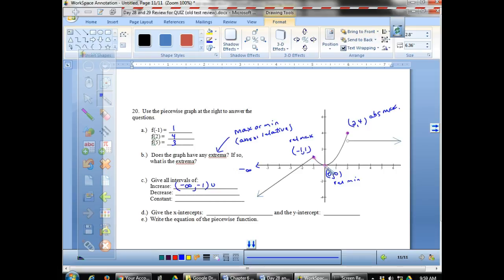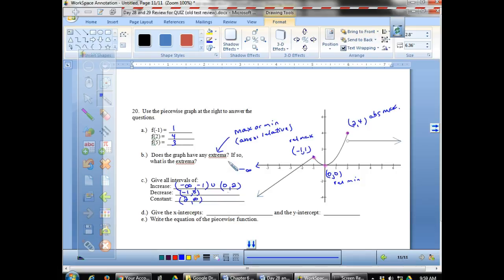This is my decreasing. But then it starts to increase again between 0 and 2. So from 0 to 2, it also increases again. It only decreases in this one little interval here between -1 and 0. And then it's going to be constant from 2 to infinity. So I'll say 2 to infinity here. So constant, just a horizontal line.